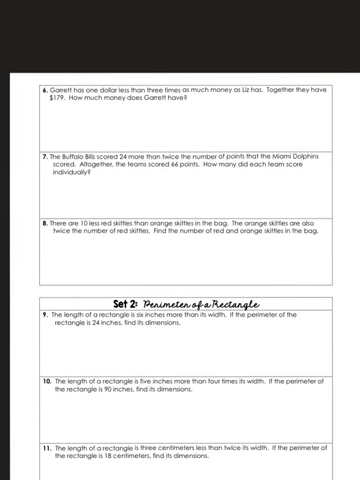Number 6. Garrett has $1 less than 3 times as much as Liz has. So Garrett has $1 less than 3 times as much money as Liz has. So Liz has x dollars. She's the smaller number.